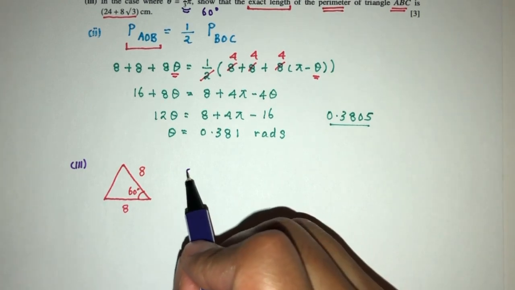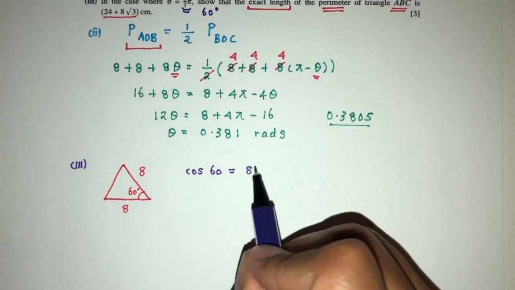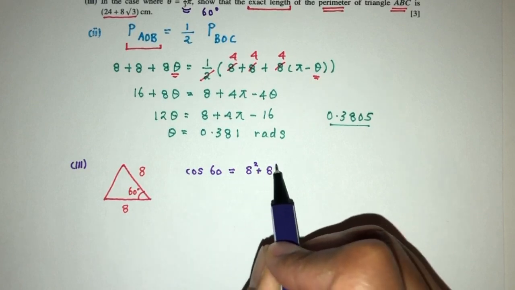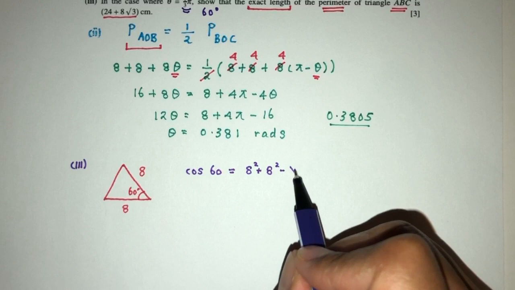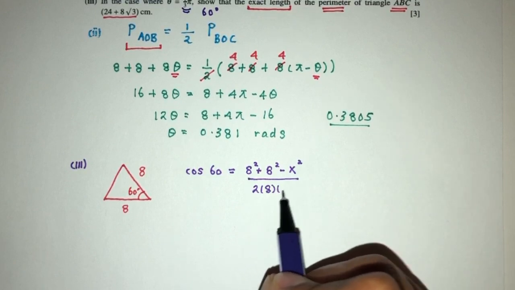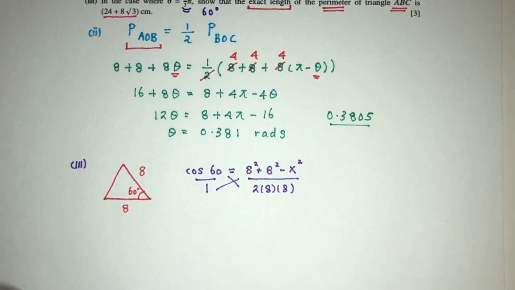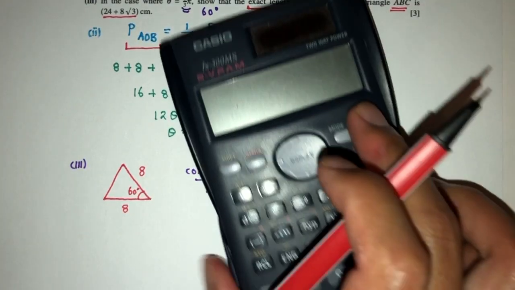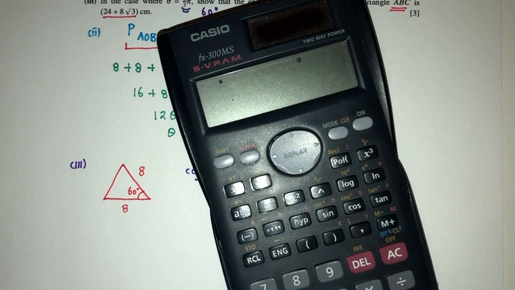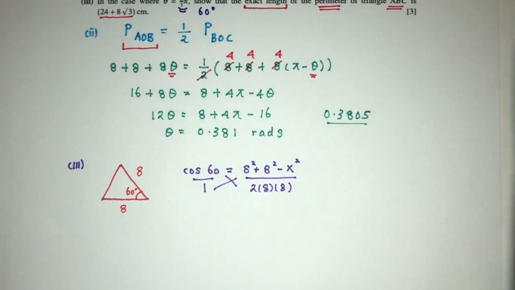Why not? Here we have cos of 60 equals 8 squared plus 8 squared minus the unknown, let's call it x squared, over 2 times 8 times 8. So cross multiply, let's see what happens. Now cos of 60, we have to use degrees because it shows 60, will be 0.5.